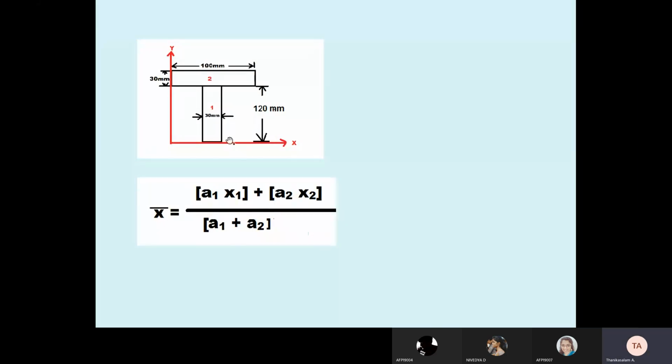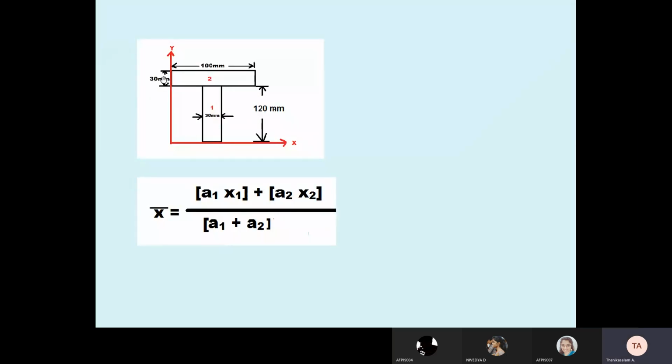Why did I measure 120? Because I split it. Now see the diagram: 30 mm, 120 mm. A rectangle means base into height, so base 30 mm, height 120 mm. Now the second rectangle: base 100 mm, height 30 mm, H2.